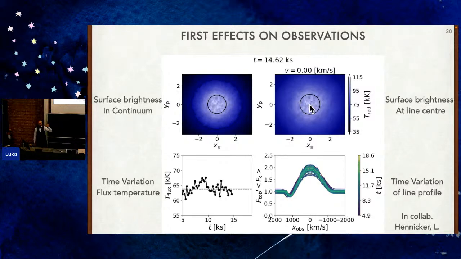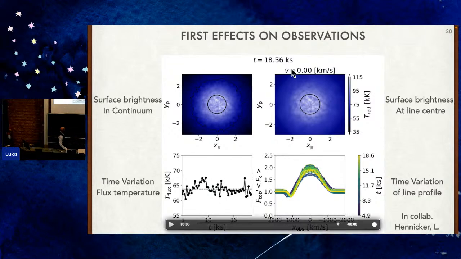And what you can see is, firstly, this is a very dynamic picture. It changes a lot with time. Secondly, you already see that the star, whose original size is indicated by the black line, looks larger.